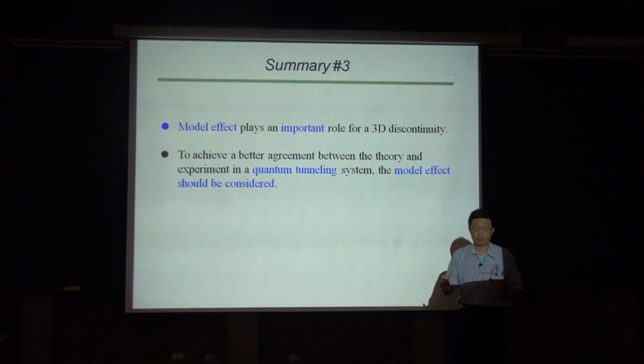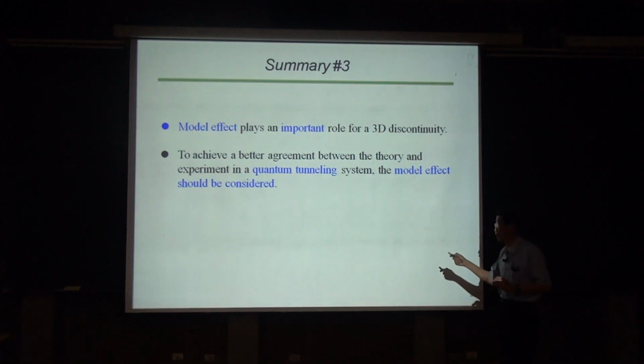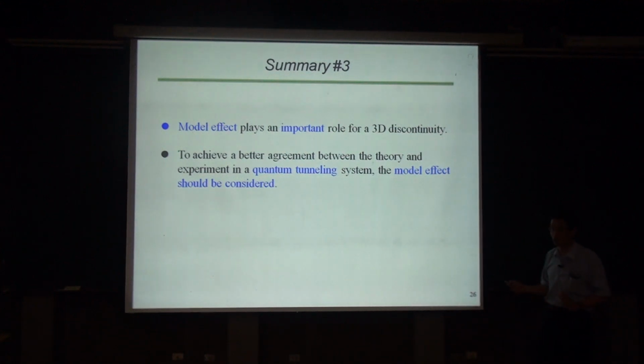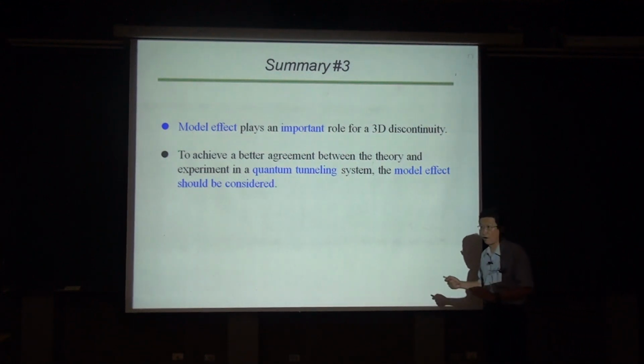We have to consider discontinuity problems and all the possible modes inside. So in the quantum system, maybe we should consider the three-dimensional effect and more modes. Then the experimental result and theory will agree much better. This is our suggestion.